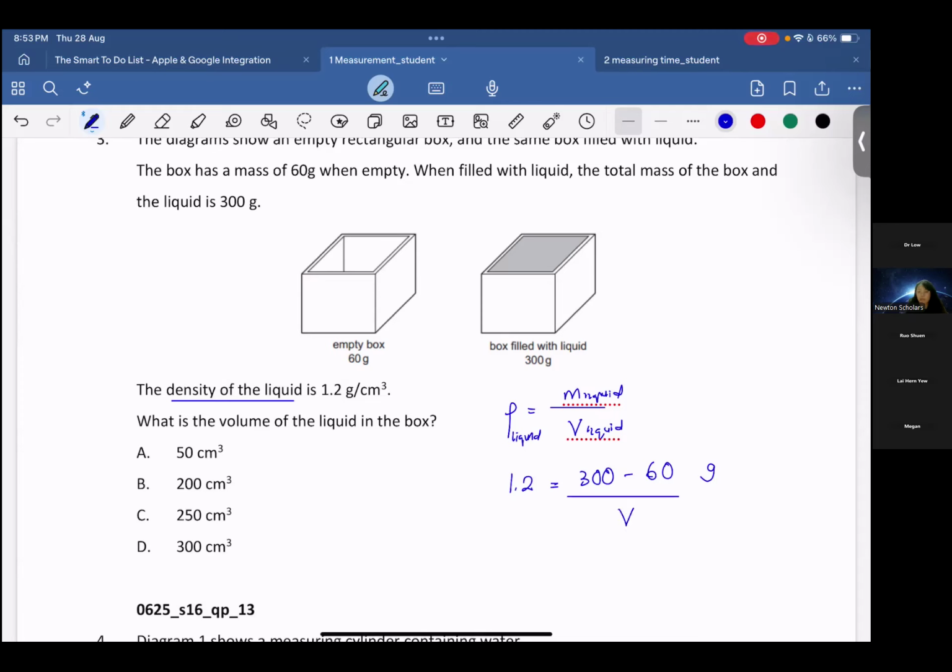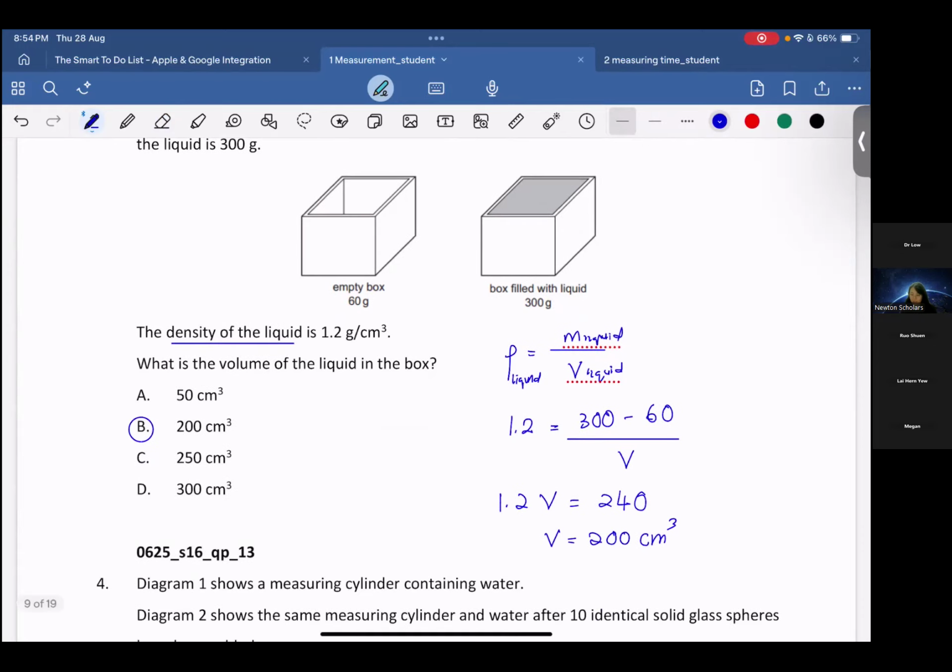They want you to calculate the volume. So 1.2 V equals 240. V is equal to 200 cm cube. Answer is B. Is it okay?